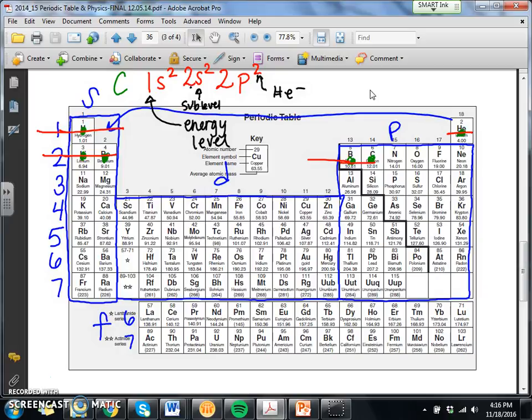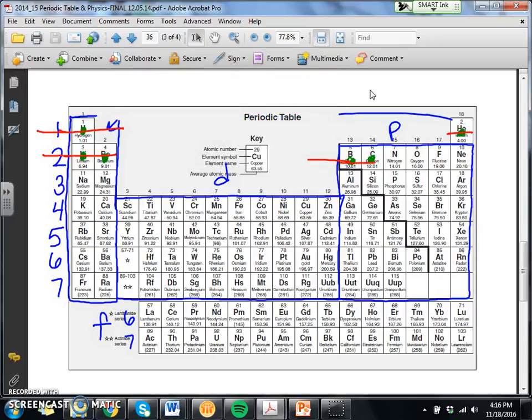If I gave you an electron configuration that looked like this, 1s2, 2s2, 2p6, 3s1, and I said, what element is this referring to? I would only have to look at this last part.